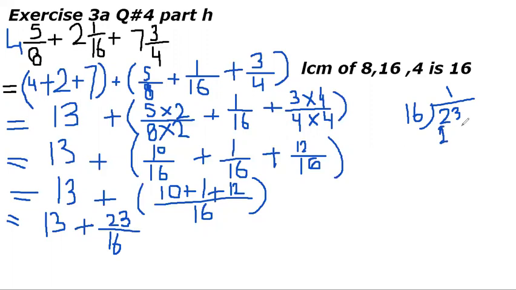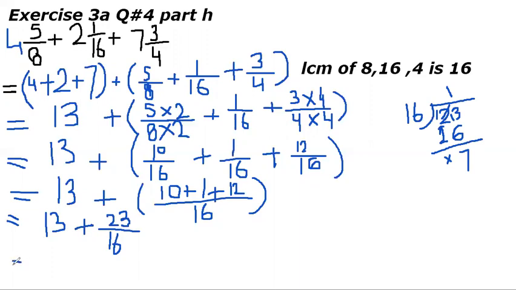Now when we subtract it, 3 is less than 6, we can't subtract, so we will borrow 1 from this 2, and this 2 will reduce to 1. 3 will become 13. Now 13 minus 6 gives us 7, and 1 minus 1 gives us 0. So it is one whole number, 7 upon 16.